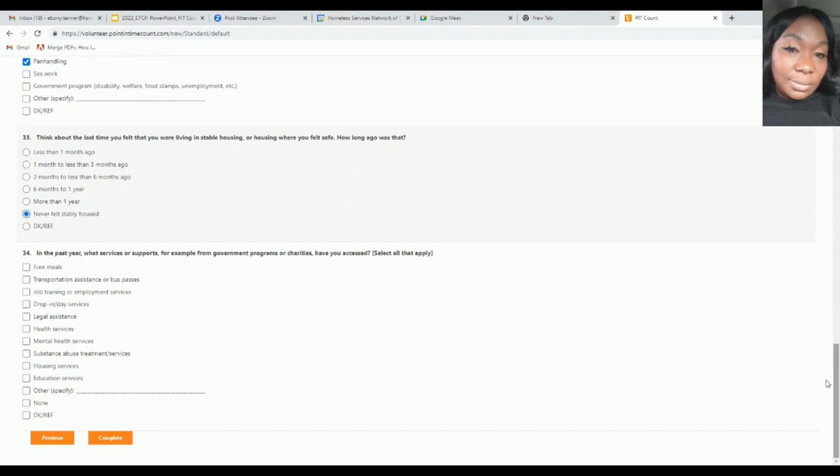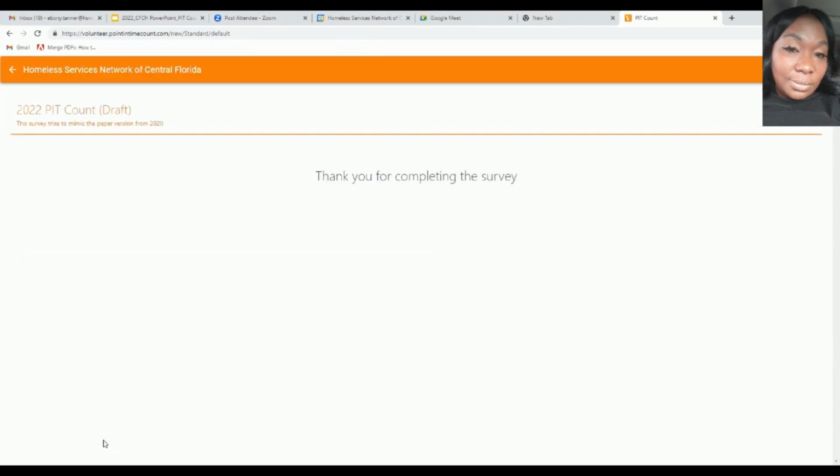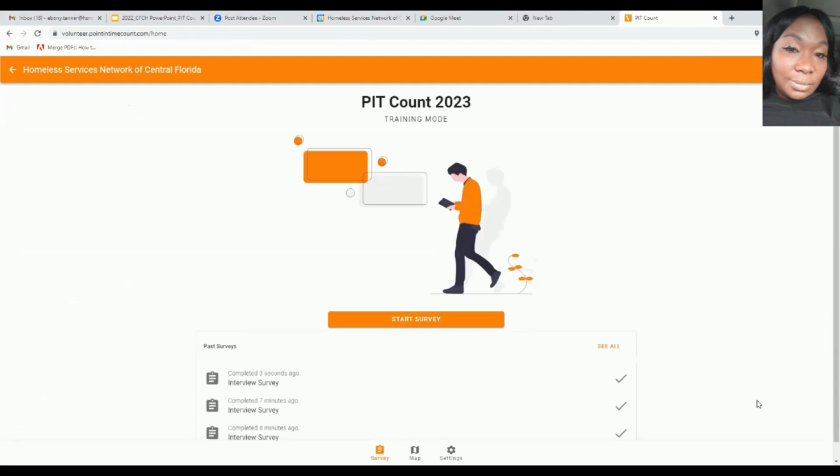In the past year, what services or supports, for example, from government programs or charities, have you accessed? They're able to select all: free meals, health services, mental health services, education, and so on. There's either an other prompt where you can put in, or they can refuse the question. And then you hit complete. That's the end of the survey, including the youth.